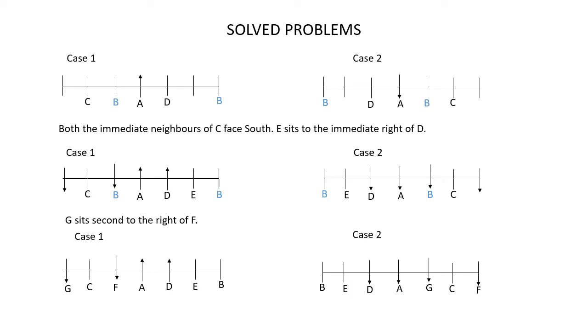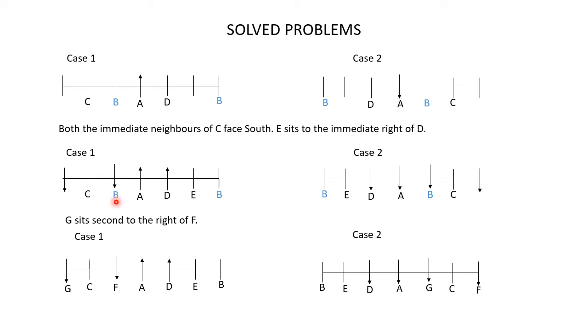Now it's given G sits second to the right of F. F cannot sit in this position because if F faces north, then there are no positions to the right of F. And if F faces south, then the second to the right of F is this position, which has already been occupied by D. So this won't be the place for G. So finally, the only position left for F is this one.